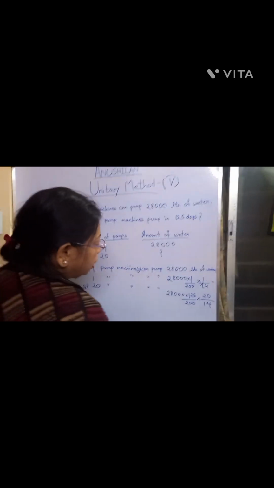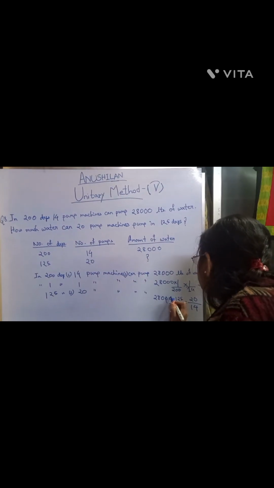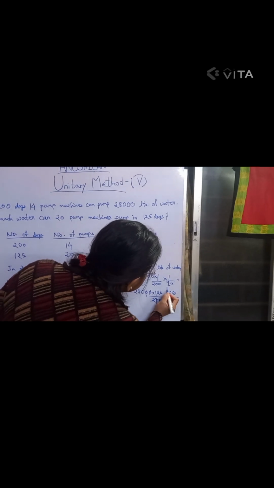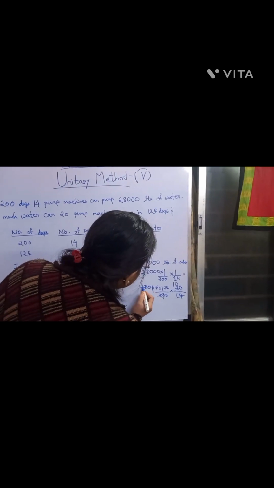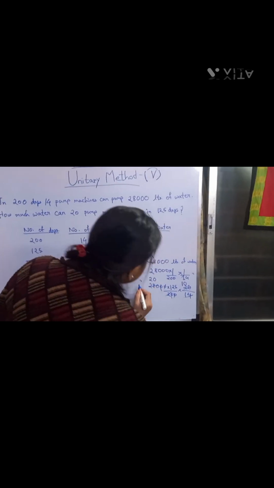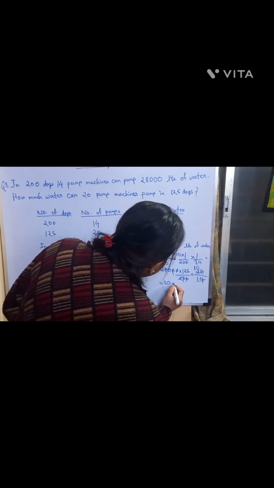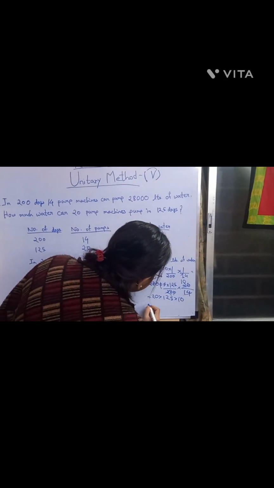So what will be the calculation? I am doing the calculation. First press 0, I will omit here. 2, 10, 14, so 20 into 125 into 10.